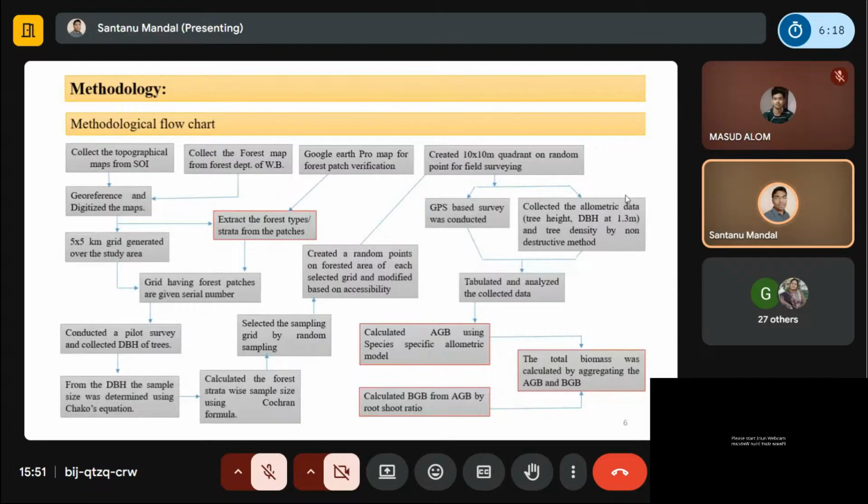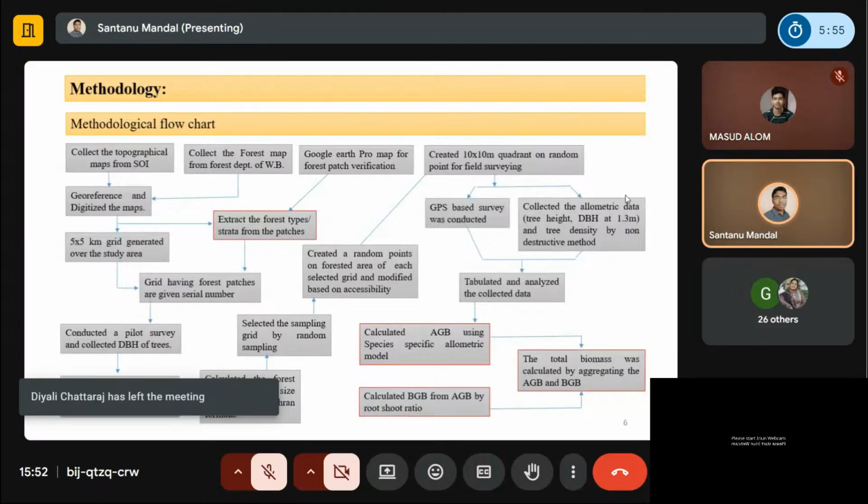For field data collection, 10 by 10 meter quadrats were established at random points. A pilot survey was conducted first to determine DBH, and based on this DBH, the optimal sample size was calculated using Chaco's formula, and stratum-wise sampling plots were determined by the Cochran formula.